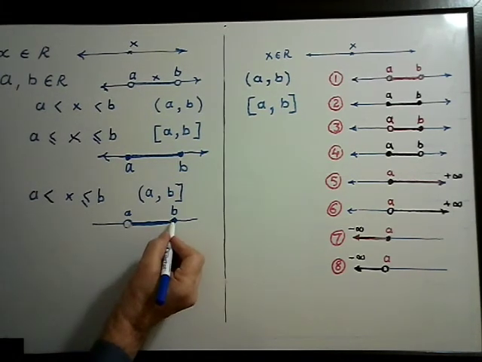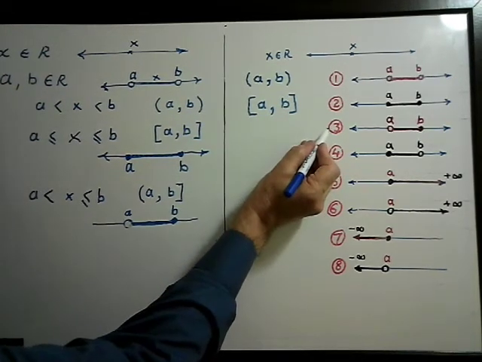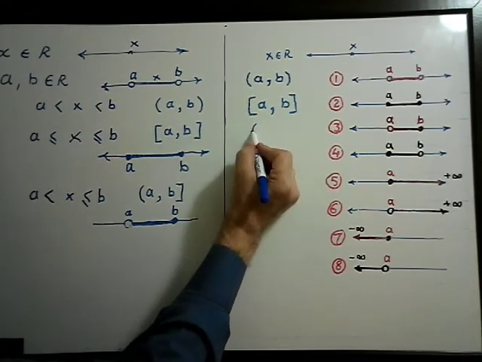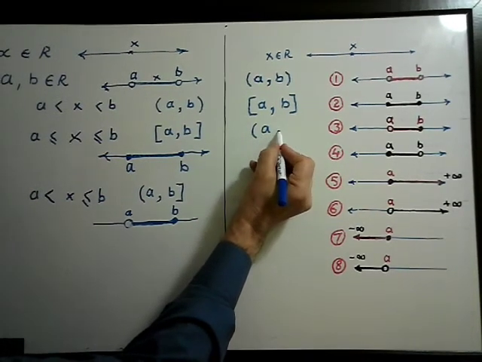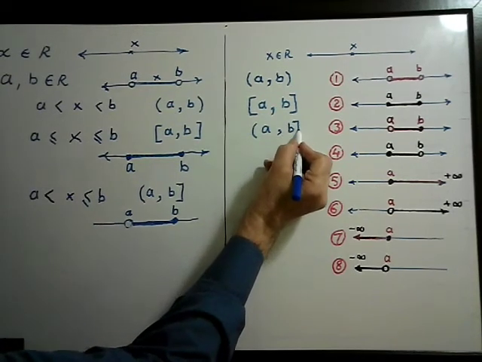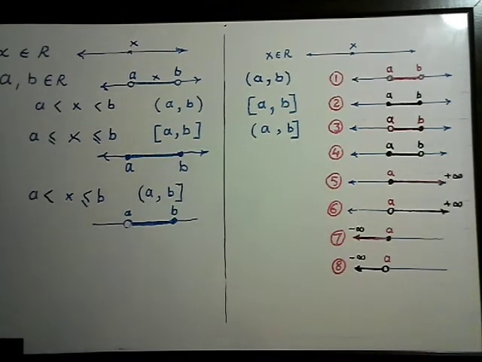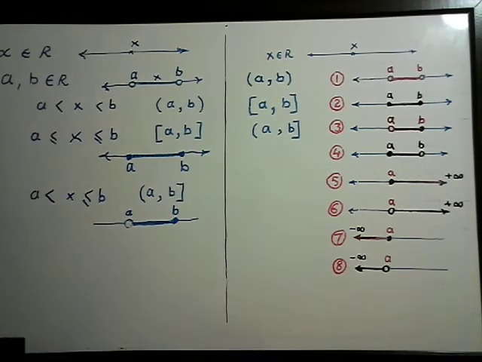That's why it's closed here, which is represented in number 3. So it's open at a, closed at b. For closed at b, we still use the square bracket.